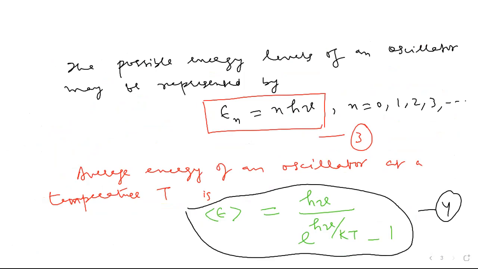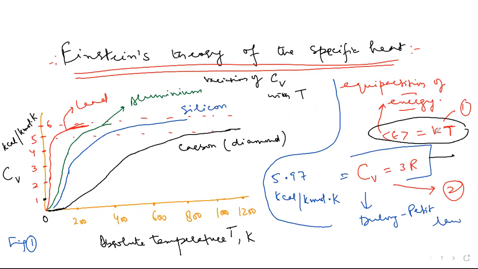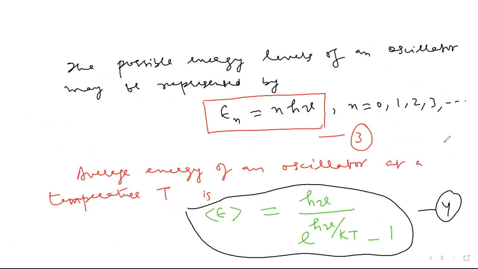The expression for average energy according to Planck, which is equation 4, contains the frequency nu of the oscillator, right? Here there is no frequency in E equal to kT. The classical result doesn't contain any dependence of the average energy of the oscillator on the frequency, but Planck's result, and this result now used by Einstein, contains the frequency.